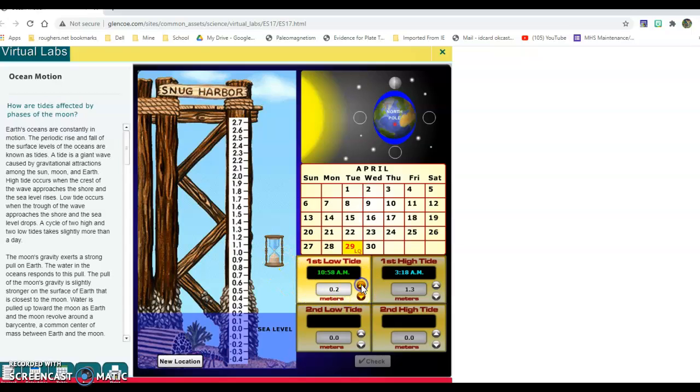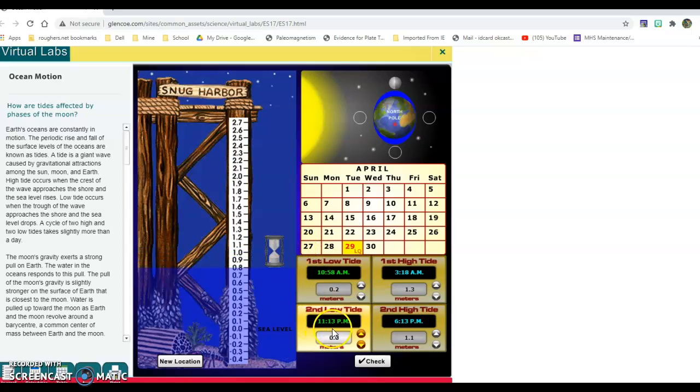Low tide 1.2. .1 and 0.8. Oops, not 9, not 7, 8. Congratulations! You have correctly identified the tide measurement for this phase of the moon.